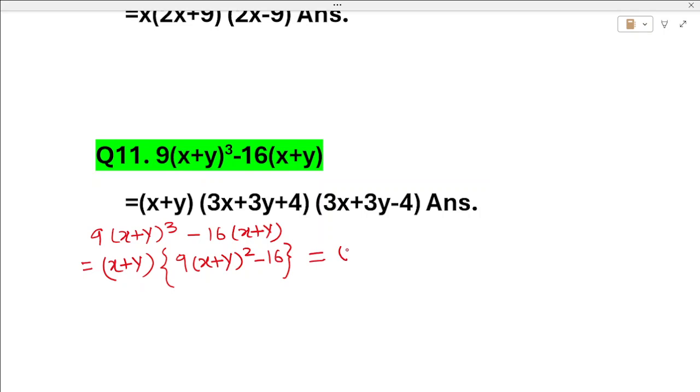Now, what should be our next step? x plus y, our next step is x plus y, bracket closed, put another bracket. 9 you can express as 3 squared, correct. 3 with x plus y, bracket.